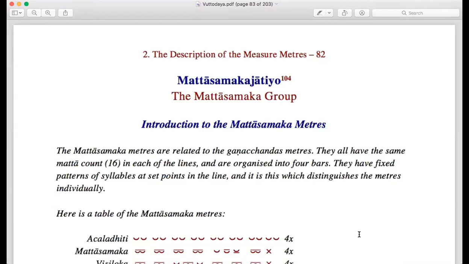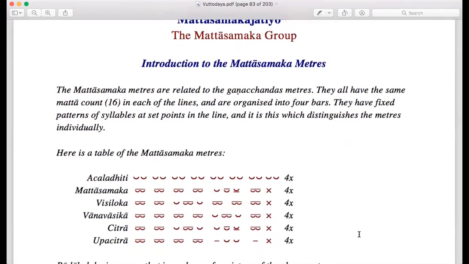Here is the book we are referring to, the Matta Samaka group. There is an introduction to Matta Samaka meters. You can read this by yourself, but something important is that they all have the same matta count, 16 in each of the lines. That means every line of every verse has 16 measures. That should be kept in mind.